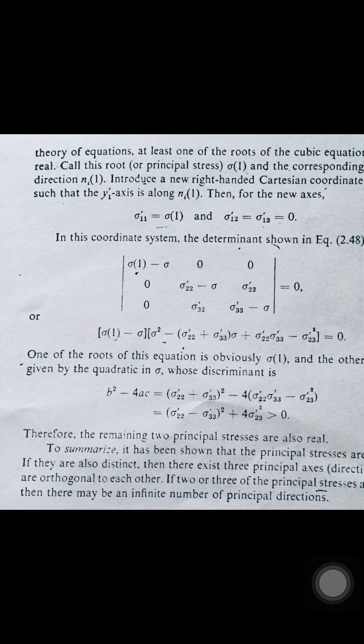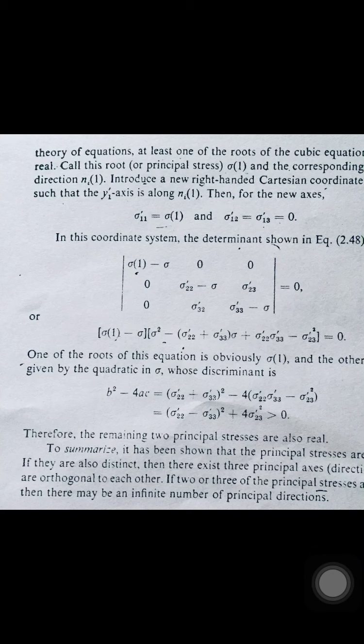Let sigma 1 1 dash equal to sigma 1 be real. If it is real in equation 2.58, then sigma 1 2 dash and sigma 1 3 dash should be 0.